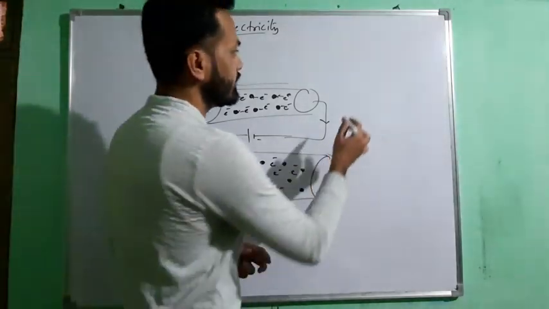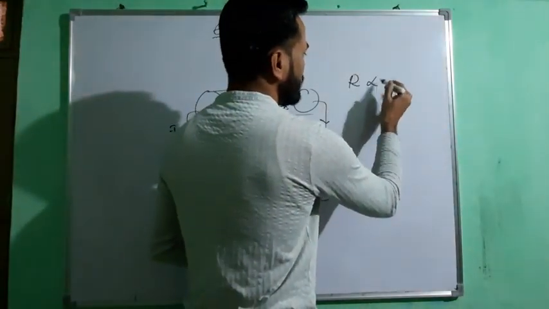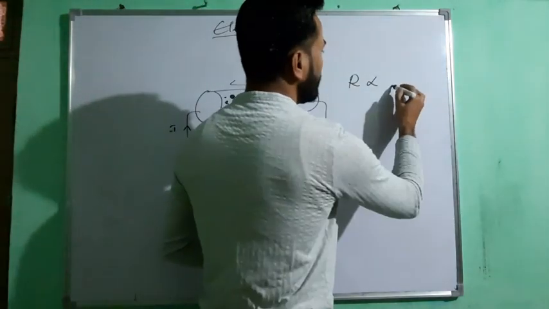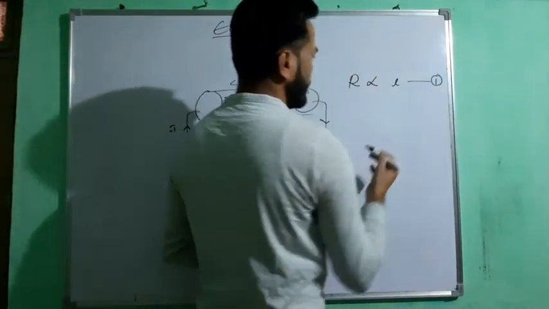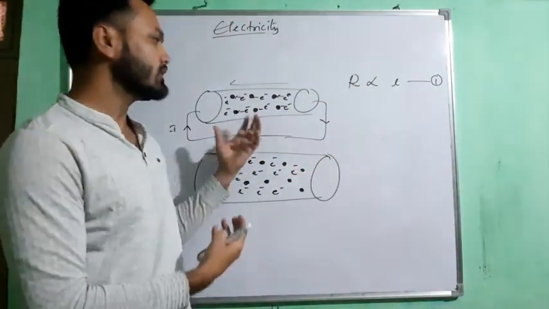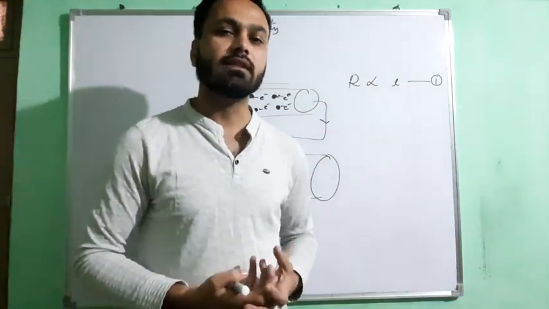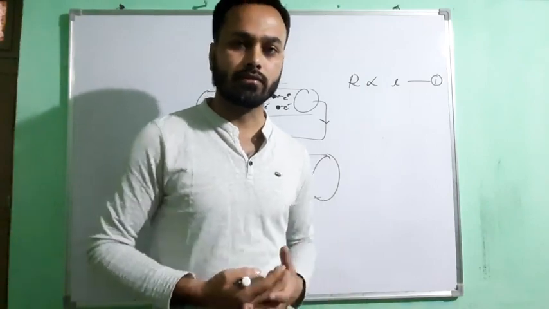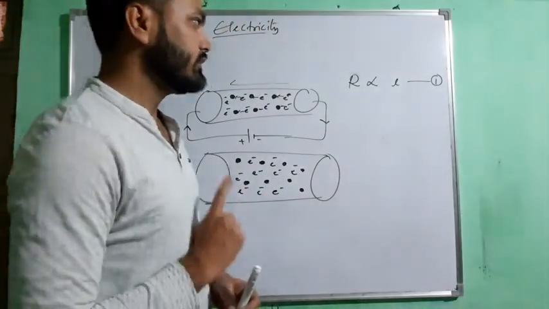So I can write one relation here. Resistance of a conductor is directly proportional to the length of the conductor. The more the length of the conductor, the more such collisions occur and the more will be the resistance for the flow of electrons.